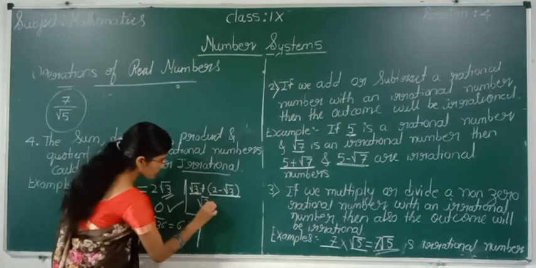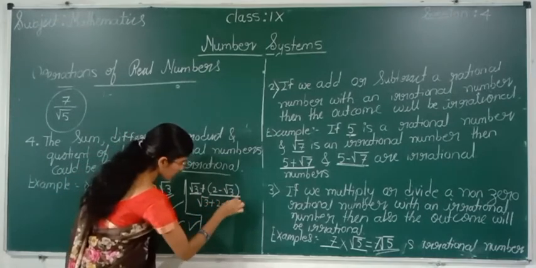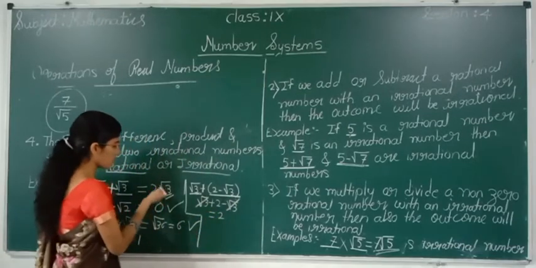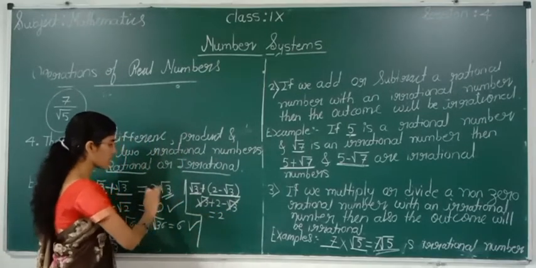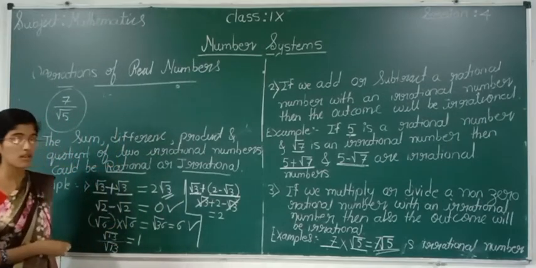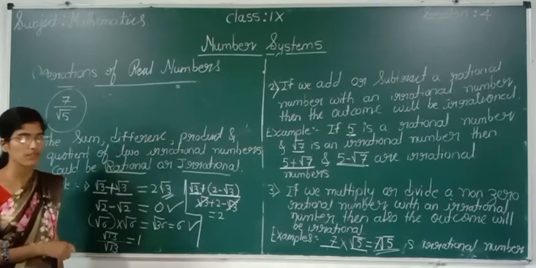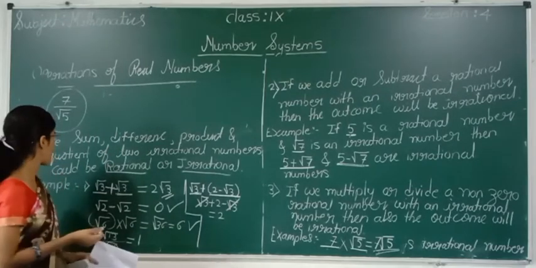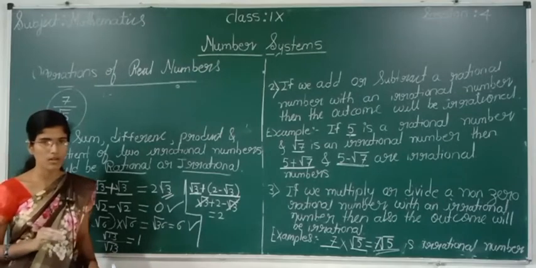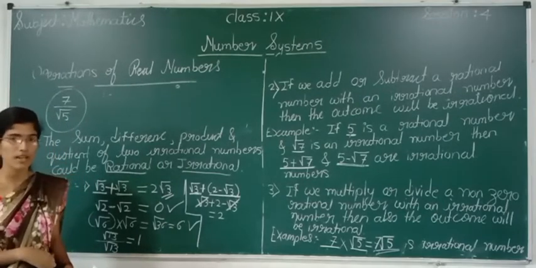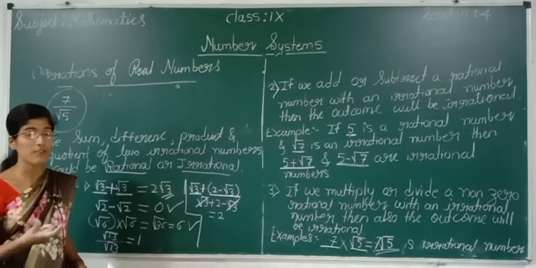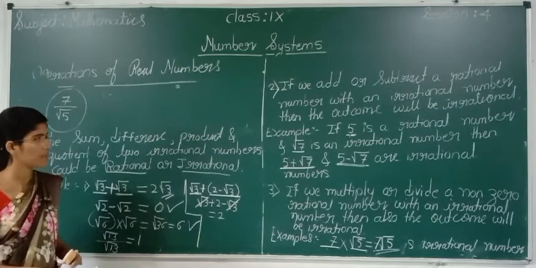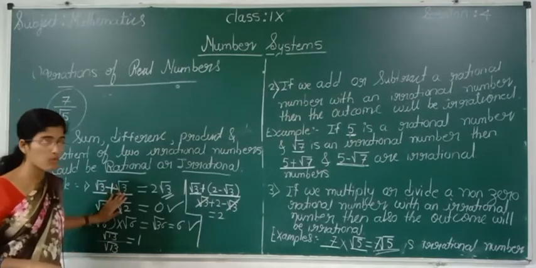Root 3 plus 2 minus root 3: plus root 3 and minus root 3 get cancelled, we get 2. See here, once the answer will come rational and one more time the answer will come irrational. Therefore, overall what we can tell is that if you perform the operation of sum, difference, product and quotient on two irrational numbers, definitely the answer may be rational or irrational. See here, once again we will revise the points.